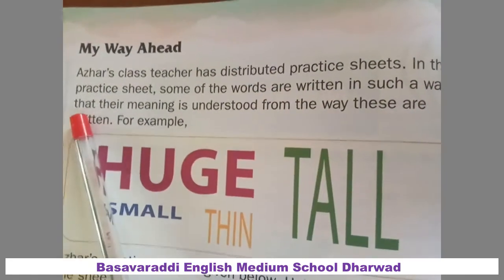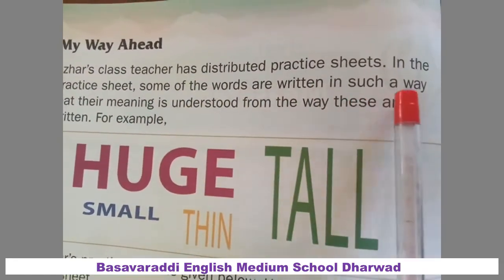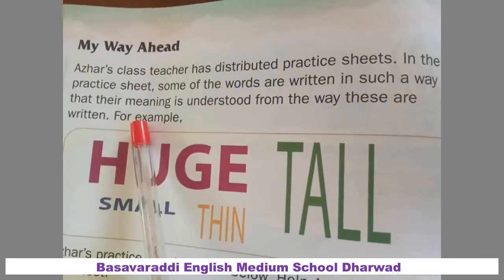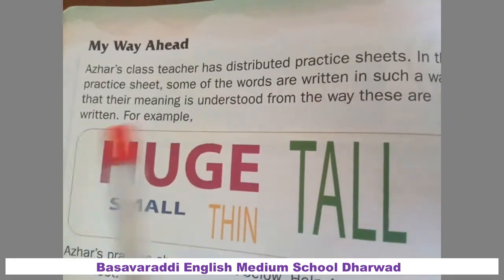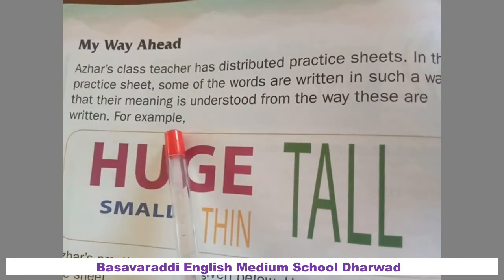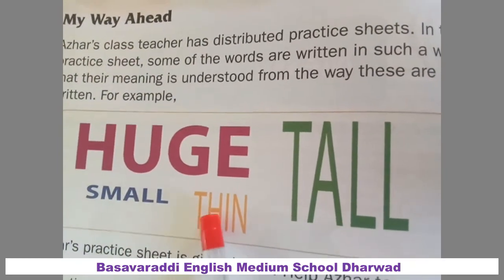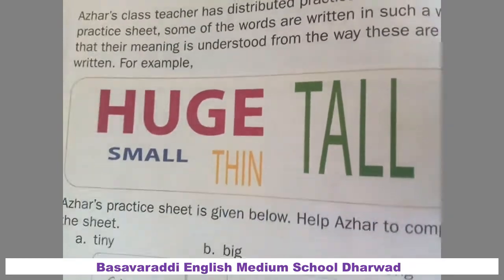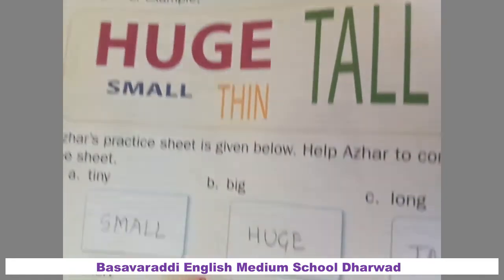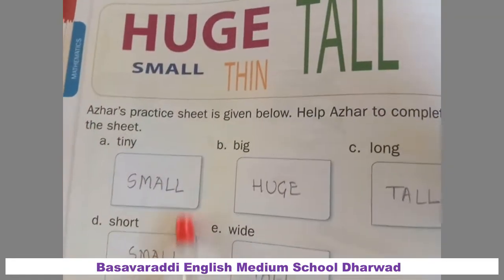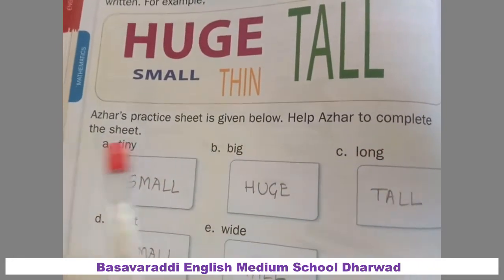In the practice sheet, some words are written in such a way that their meaning is understood from the way they are written, for example huge, small, thin, tall. The practice sheet is given below and helps us to complete the sheet.